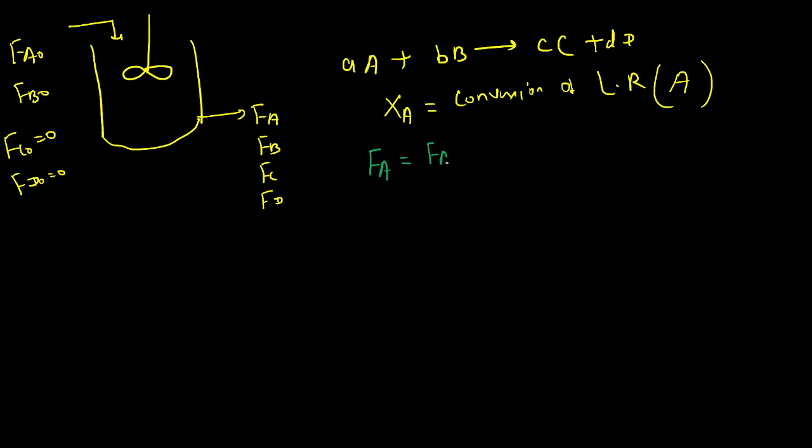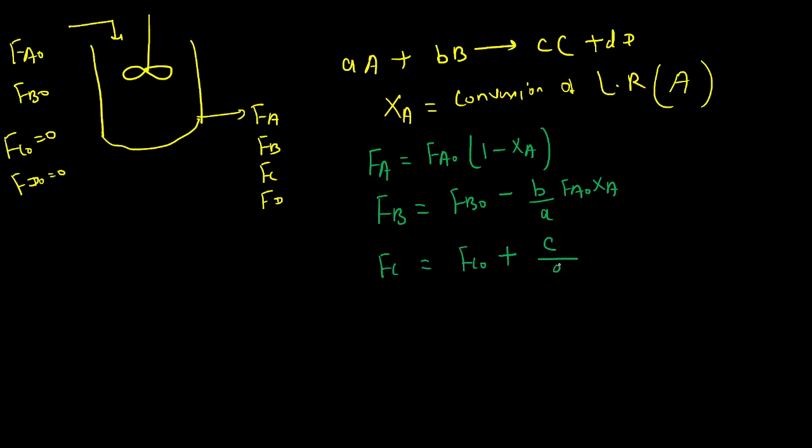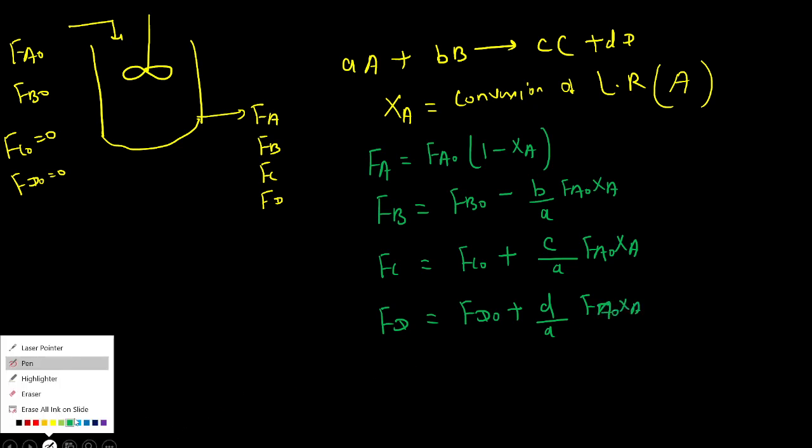So now what can I write? FA is equals to FA naught into 1 minus XA, FB is equals to FB naught minus B upon A, FA naught XA, FC is equals to FC naught plus C upon A, FA naught XA, and we can write FD is equals to FD naught plus D upon A, FA naught XA, right?